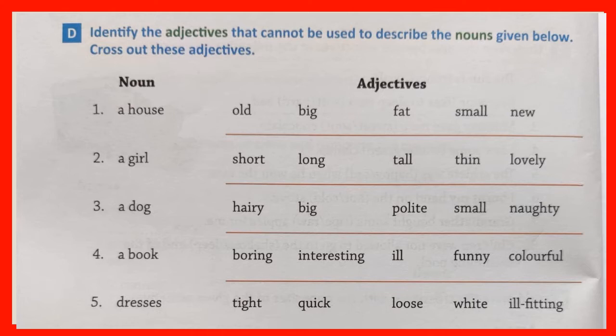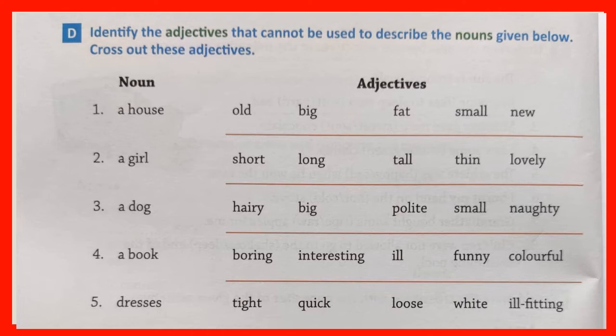And on the right hand side, different adjectives are given. So we have to read the adjectives and see which adjectives go with that noun, and the adjective which does not go with that noun, we will put a cross against it. Right? So let's do it.